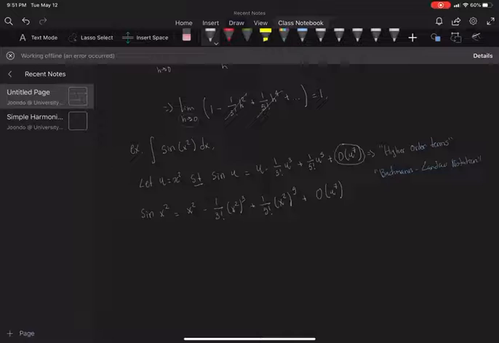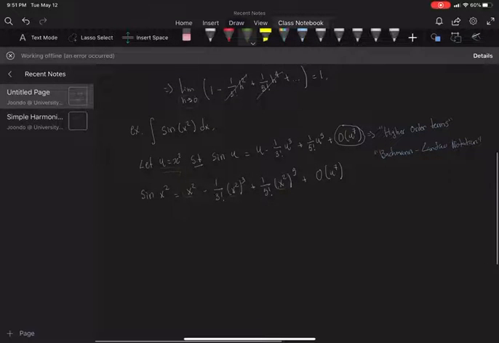Note that the only thing that we did was plug in x squared for u, because we said u is equal to x squared, okay? So that's what we did. We only plugged in u. And note that this, to be true, means sine of x squared, right?